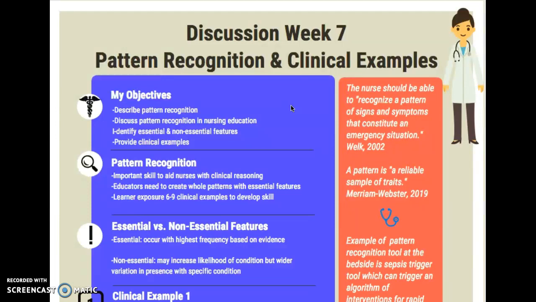So the pattern is the essential traits, the essential characteristics of a myocardial infarction. So repeated exposure of the learners to various clinical examples, including the same pattern that they need to recognize each time, is what will embed this skill into their thought process.